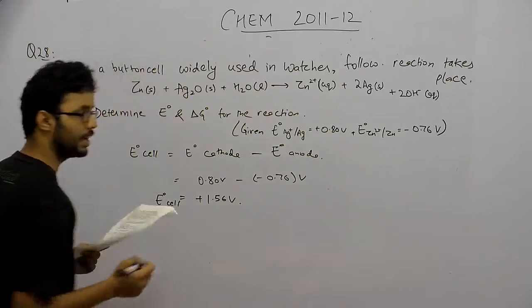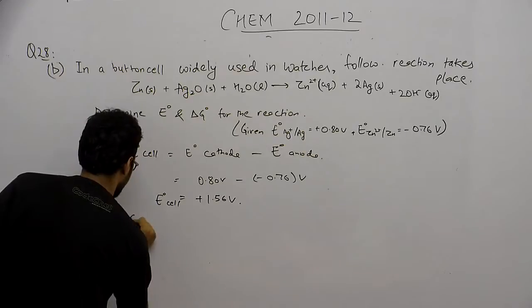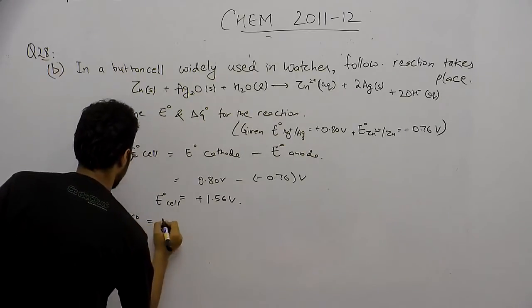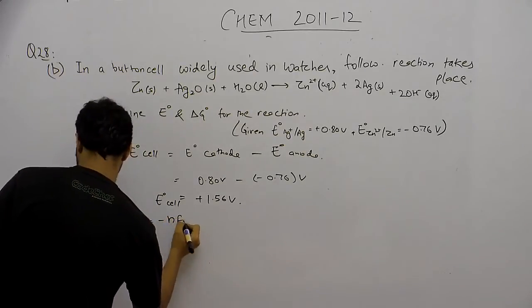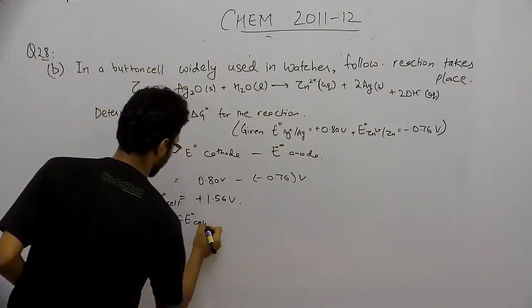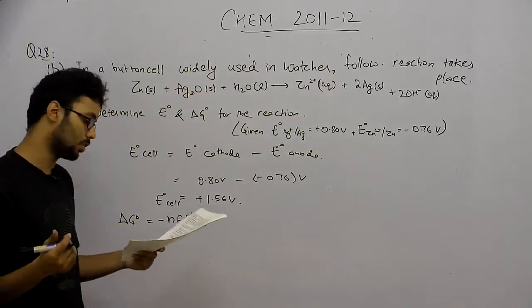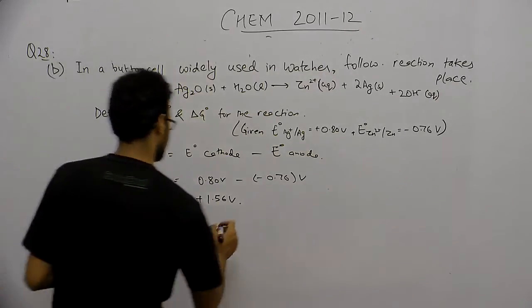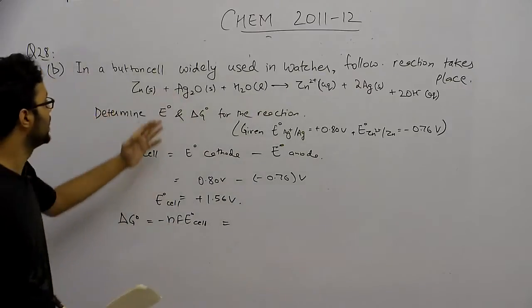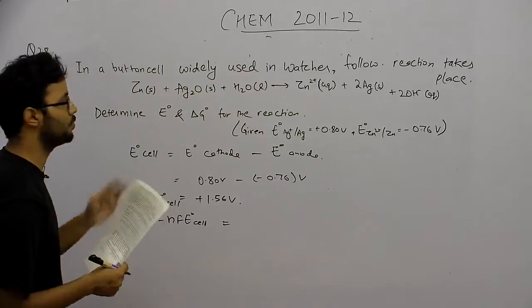Now we will find out the value of delta G0. So delta G0 equals minus nFE0 cell. So this is the formula. Delta G0 equals minus nFE0. So here we see that there is an exchange of 2 electrons.